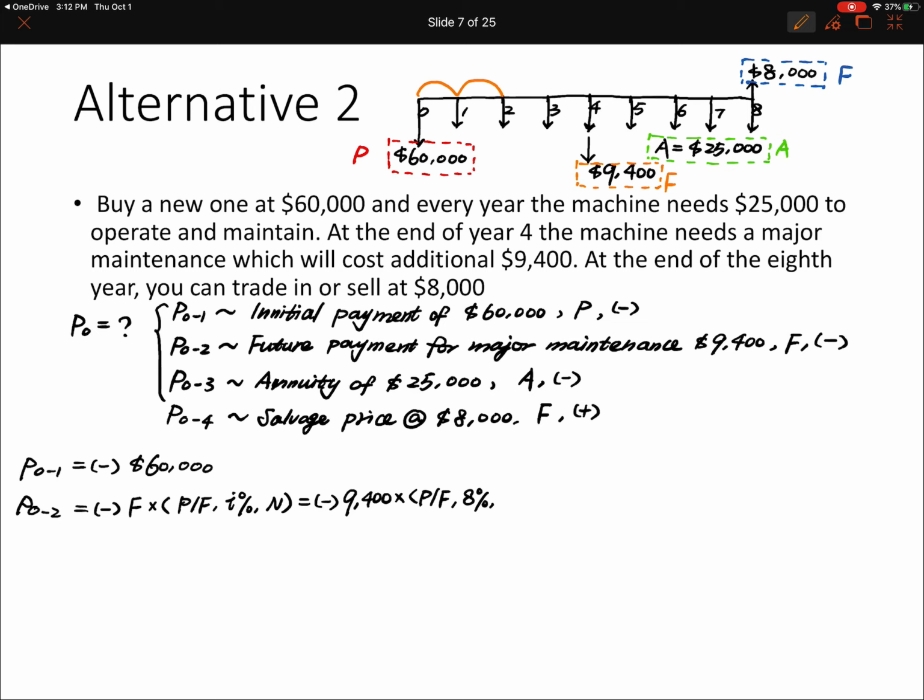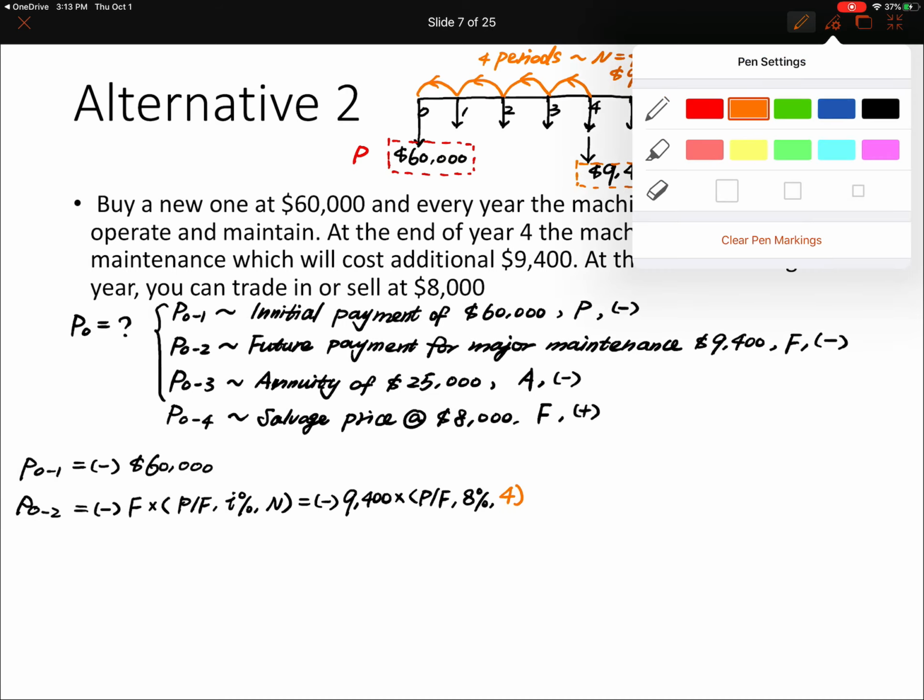Okay? So it's like you're going to jump 4 times back to the present. So 4 periods, which means n equals 4 for 9,400.